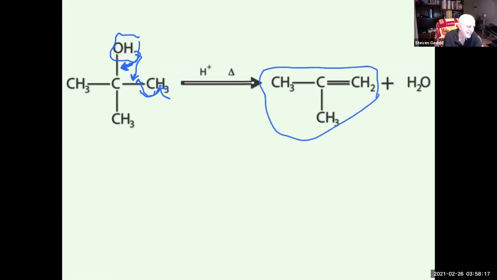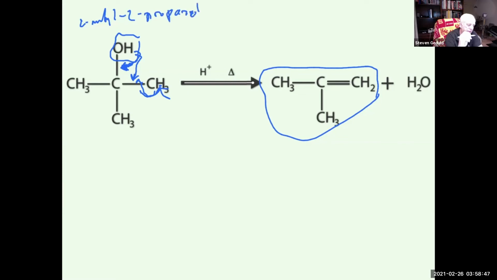So what's the name of the alcohol? Okay, 3 carbons, the OH group at number 2, and a methyl group at number 2. So 2 methyl, 2 propanol.